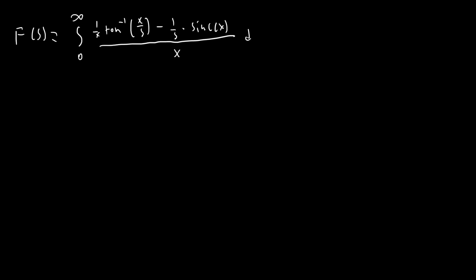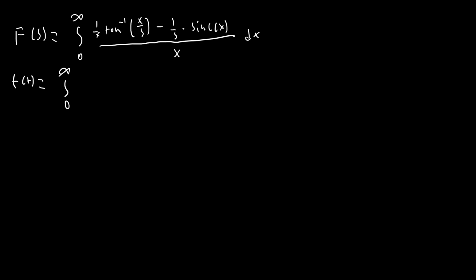So let's go ahead and take the inverse Laplace transform on both sides. When we take the inverse Laplace transform, we're going to get a function of t on this side. We're going to get the integral from 0 to infinity. Again, we can interchange the integral and the Laplace transform because both of them are integrals, since the inverse Laplace transform can also be defined by an integral.